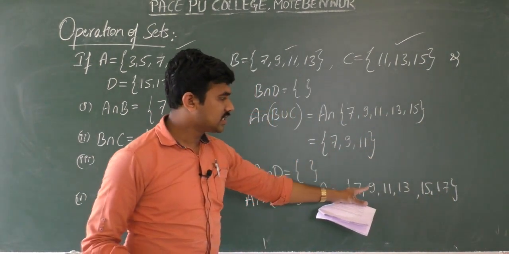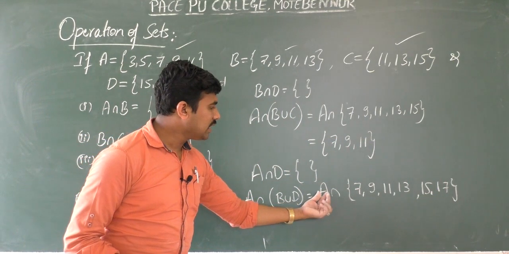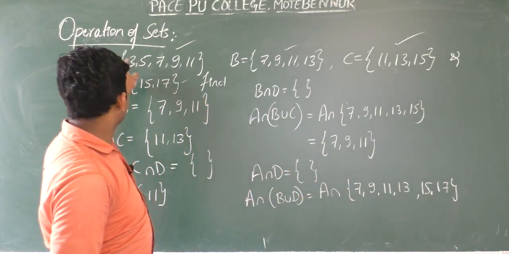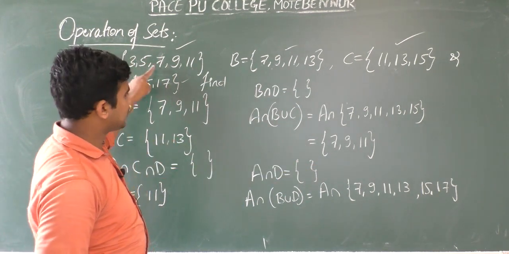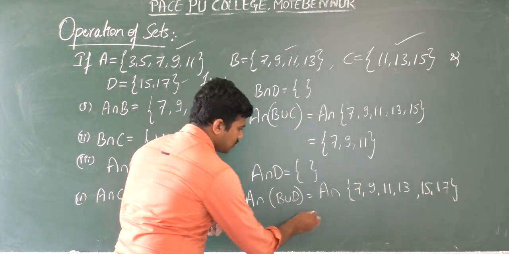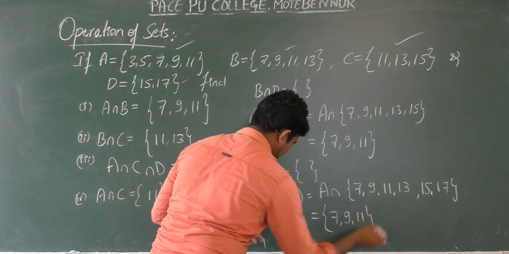This set is B union D. Now the common elements of A and this set: 7, 9, 11. So this is equal to the set of 7, 9, 11.